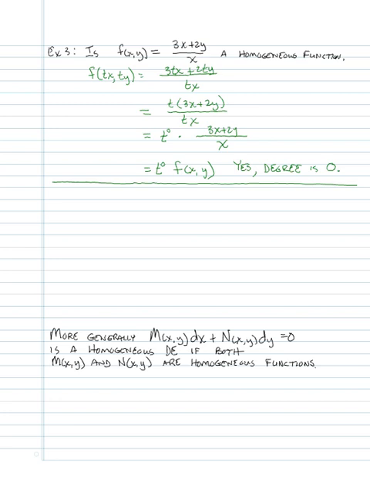If we have a differential equation of the form y prime equals a function f of x and y, then we say this differential equation is a homogeneous differential equation, provided that the function f of x, y, that is the right side of this differential equation, is a homogeneous function. Sorry, I'm getting very sloppy. My notebook is kind of cramped on the right side.